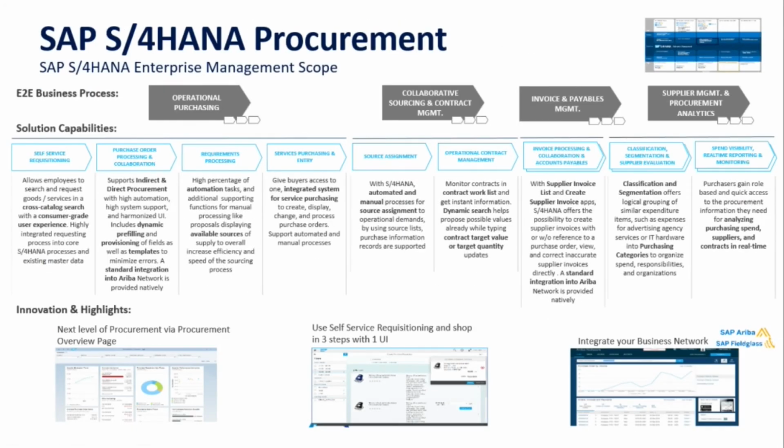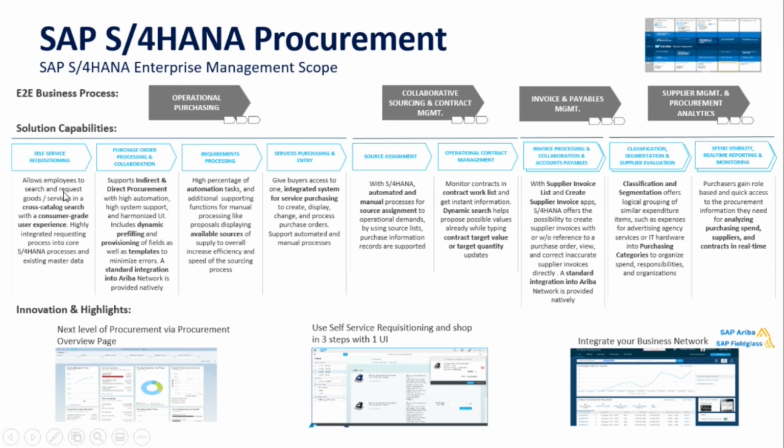Just to let you know that the difference between analytical apps, transactional apps, object pages, fact sheets will be explained in the next videos. So here we have the E2E business process flow.